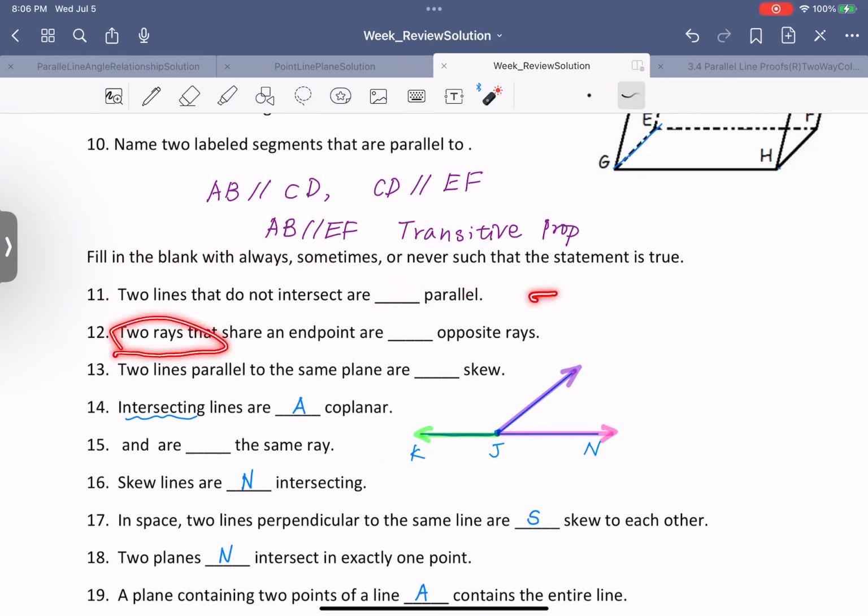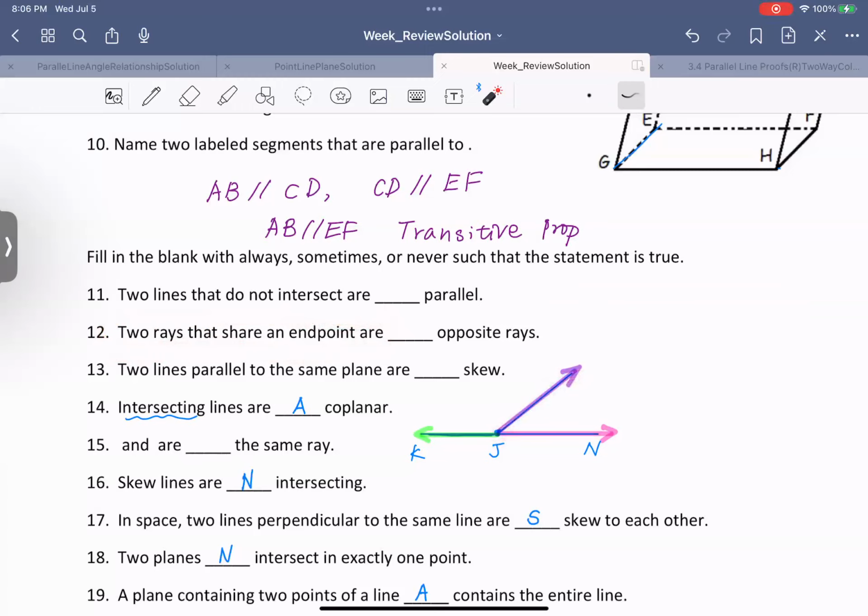Lines means it's going in both directions infinitely. Rays start from a point and go in one direction. Go ahead, Sophie. Two rays that share an endpoint are sometimes. Yeah, see here, this ray and this ray are not opposite.